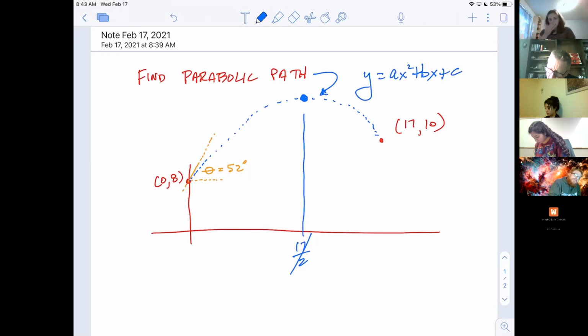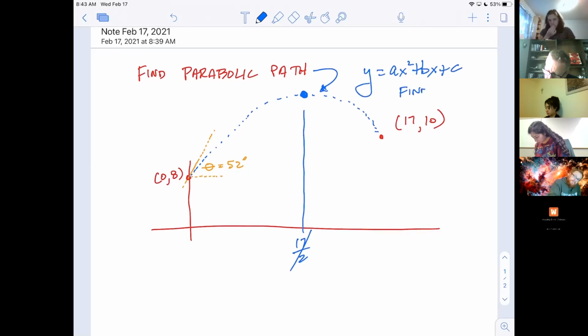So the question is, how do you find those constants A, B, and C? Well, the thing that we figured out is that the tangent is the slope. Let me just refresh your memory.